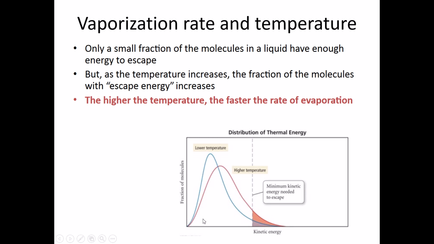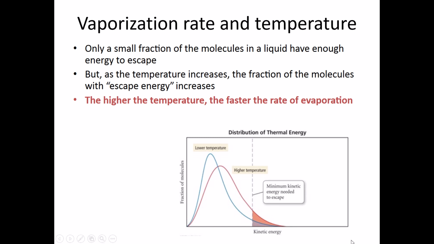We have a large number of molecules that have a moderate amount of kinetic energy. And then we have a smaller group of molecules that have high kinetic energy, and an even smaller group that have the highest kinetic energy of the sample.